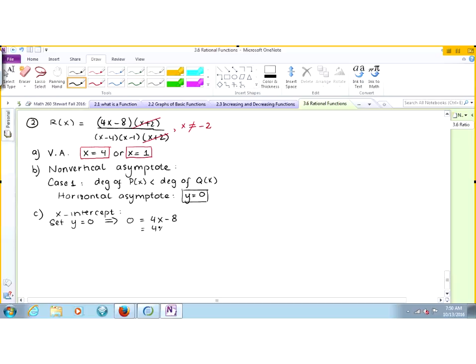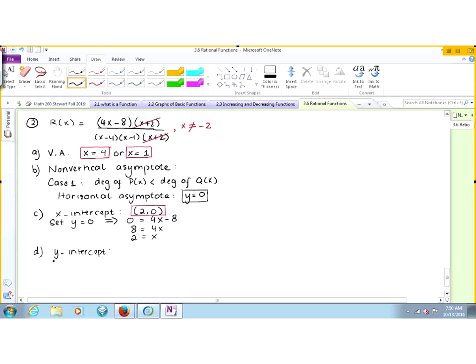So for x minus 8, x is equal to 2. So the x-intercept is 2, 0. Do you guys follow what I'm doing, or do you forget? So you know that this is case 1? When I'm talking about case 1, do you know what I'm talking about? Okay, good.